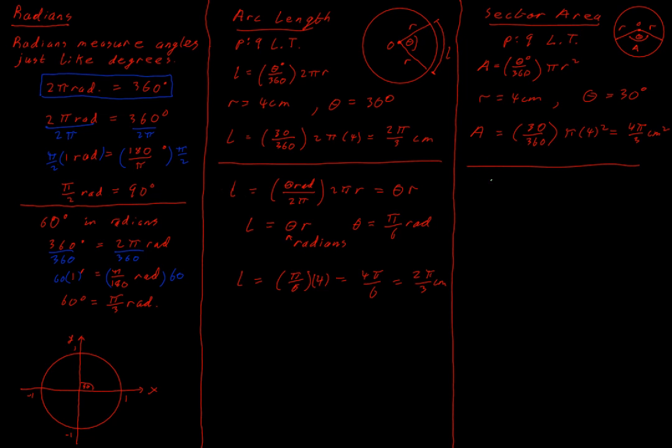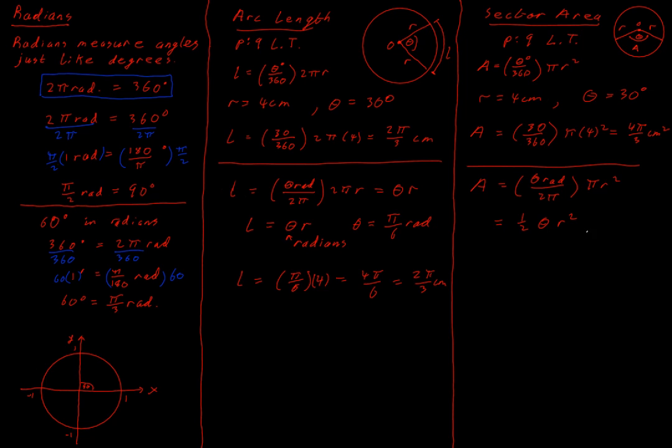And if we look at our area formula and think about what would happen if we were dealing with radians, theta in radians would be all over 2 pi times pi r squared. We recognize we can divide out the pi, and we are left with a half theta in radians r squared, which is again a nicer, simpler formula than what we had before.